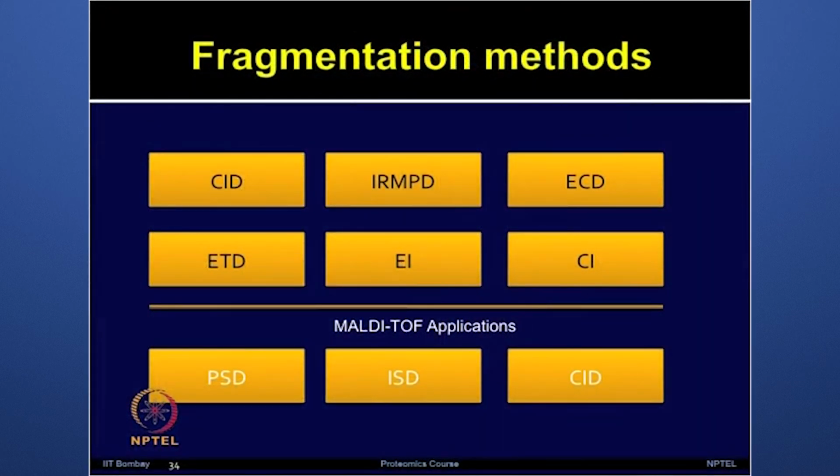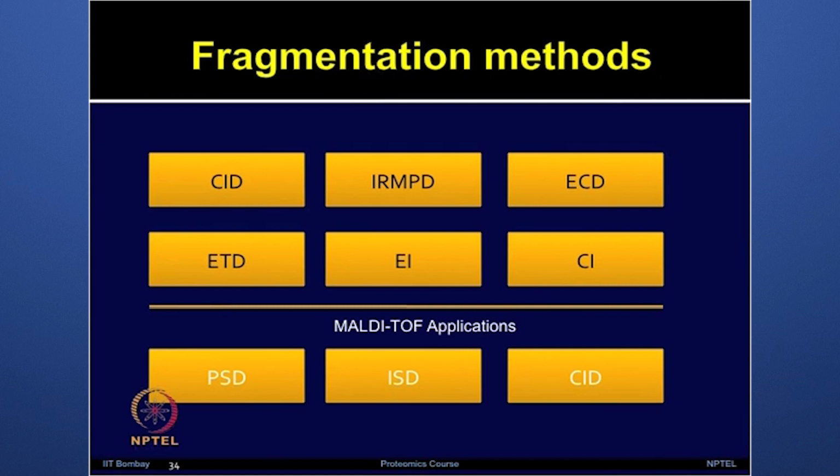There are various types of fragmentation methods currently available. I have given a list of these methods on this slide: CID, collision induced dissociation; IRMPD, infrared multiphoton dissociation; ECD, electron capture dissociation; ETD, electron transfer dissociation; EI, electron impact, which is used for small molecules; CI, chemical ionization, again used for small molecules.